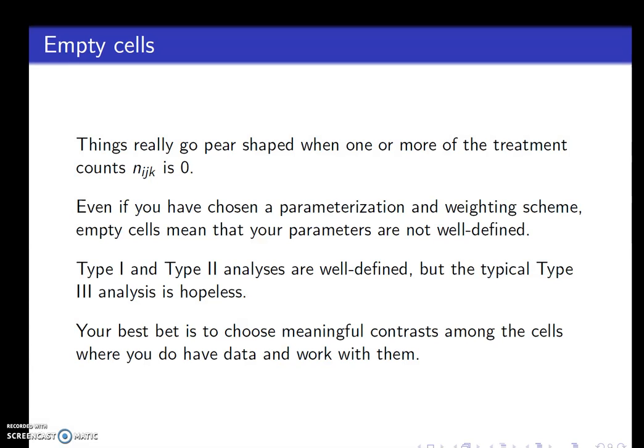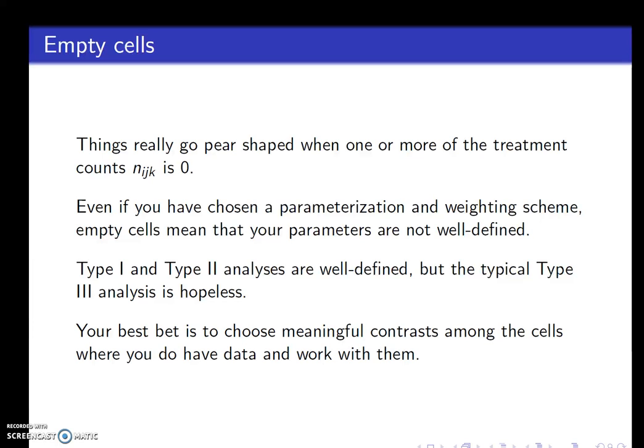So even when we have a case where one of those replications is 0, where we have no data for that particular combination of the factorial treatment levels, then even if you choose a parameterization and weighting scheme, the empty cells mean that your parameters are not going to be well defined. And so type 1 and type 2 analyses are going to be appropriate in this case, whereas type 3 is just not.